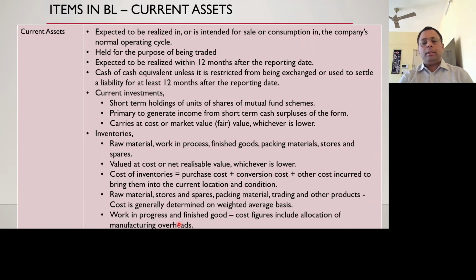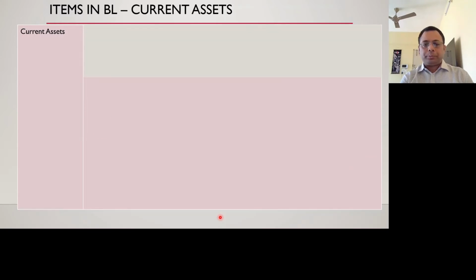So allocation of manufacturing overheads also gets embedded into the cost of these current assets, which are work in progress and finished goods. Okay, I hope this point is clear. So raw materials and packing materials, these are traded items, and they are on the weighted average. Since we have applied some kind of manufacturing overheads to work in progress and finished goods, these are considered along with the basic cost of the material.